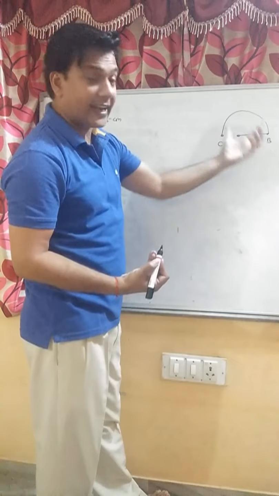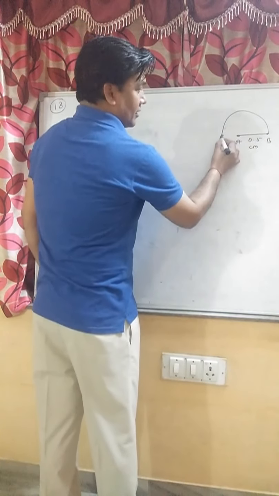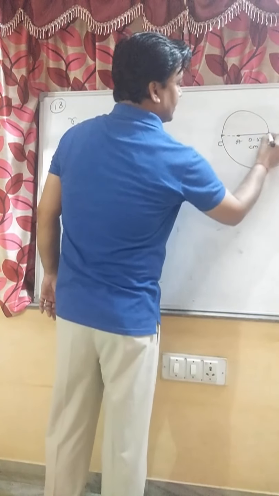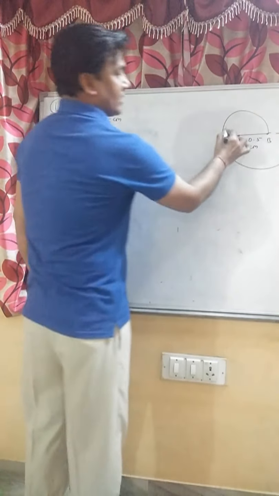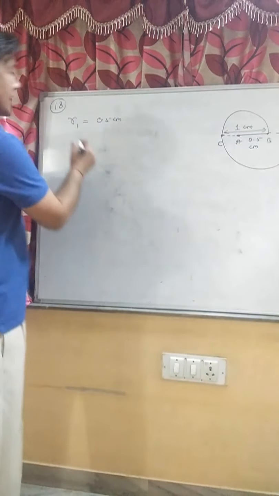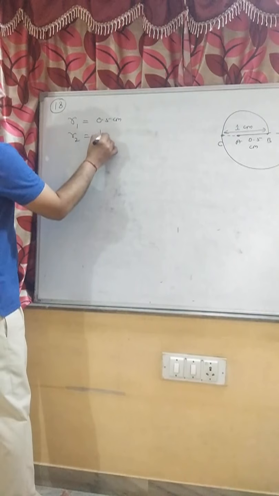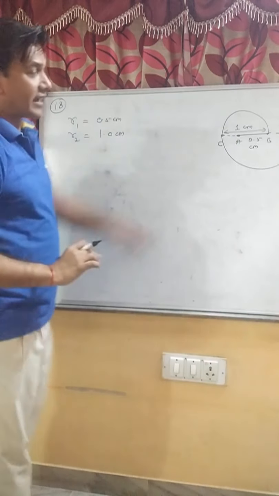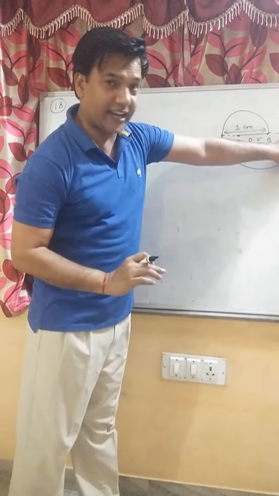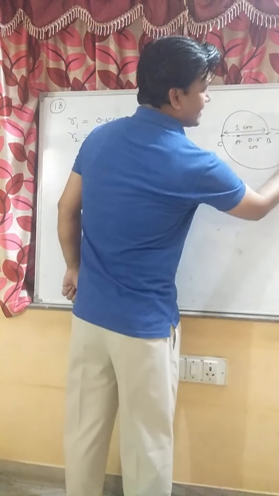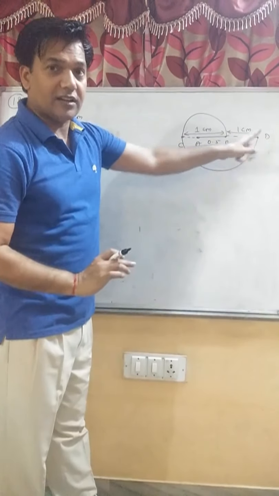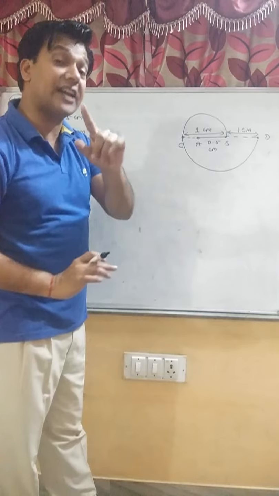That's why the second radius of the semicircle, this one, is 1 centimeter. So R2 is 1 centimeter. Now again we put the compass at point A and pencil at D. Since BD distance is 1 centimeter, from A to D, 1.5 centimeter is the radius.